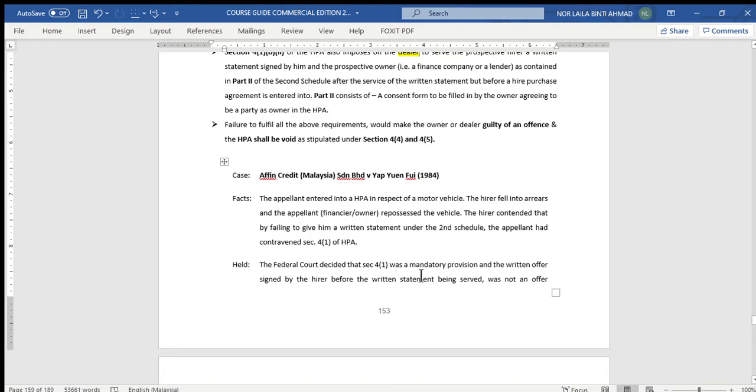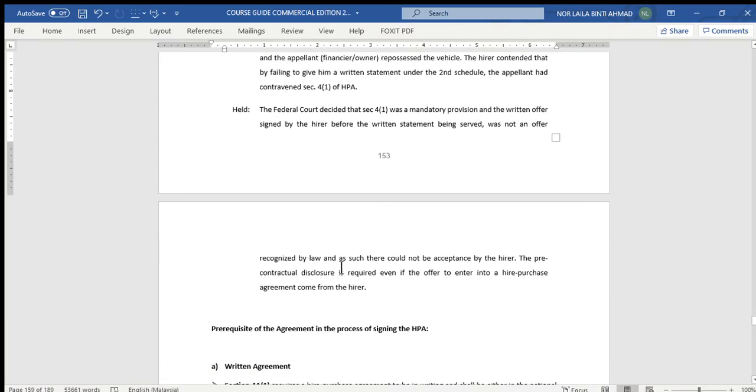Since this is a mandatory provision, the written offer signed by the hirer before the written statement was served was not an offer recognized by law, and as such there could not be acceptance by the hirer. So the pre-contractual disclosure is required even if the offer to enter into the hire purchase agreement comes from the hirer.